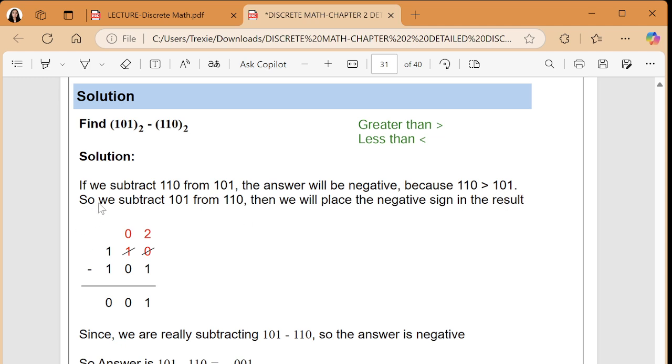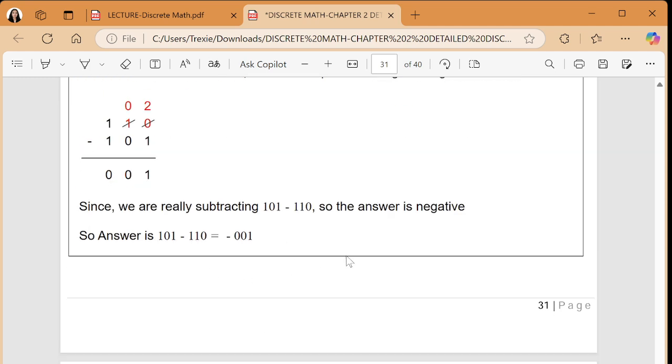So what we need to do is subtract 101 from 110, then we place the negative sign in the result. 110 minus 101. Since we are really subtracting 101 from 110, the answer would be negative. So the answer here is 001.